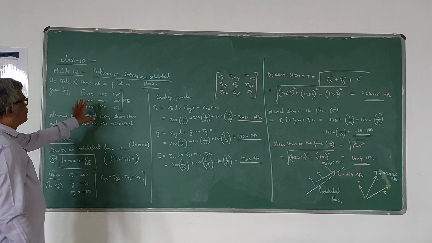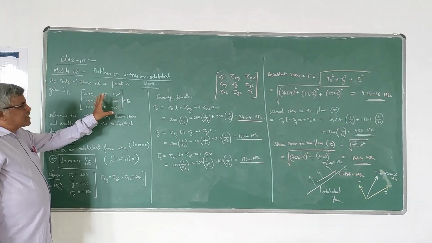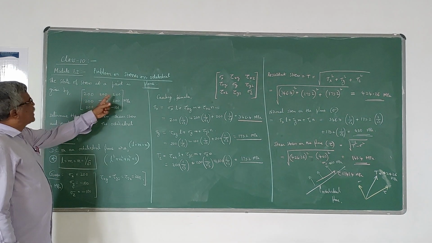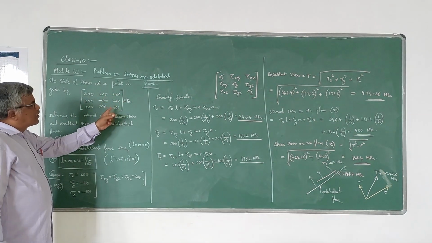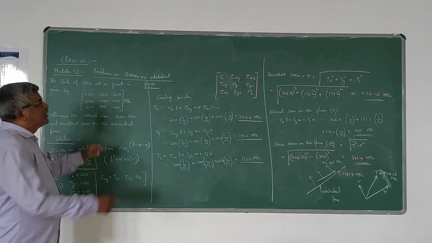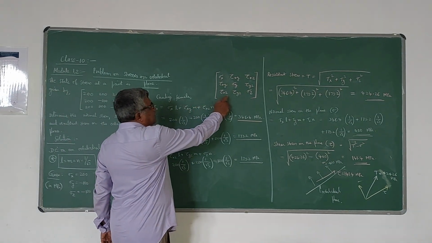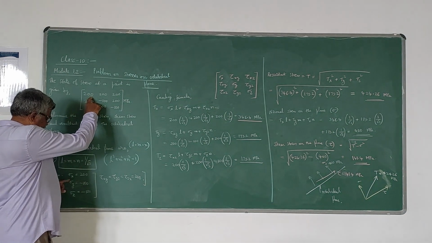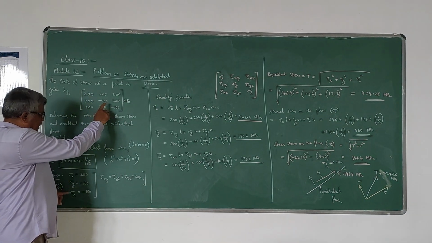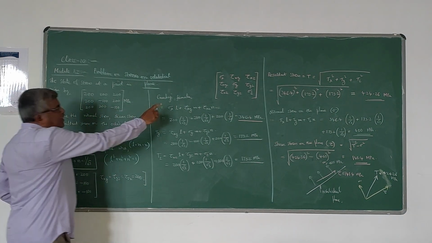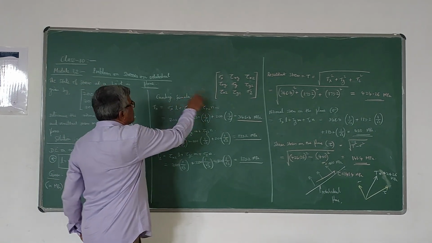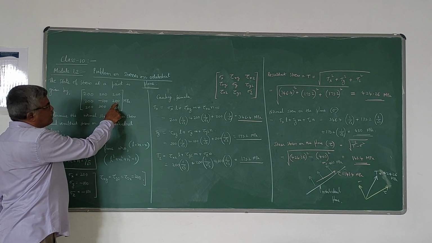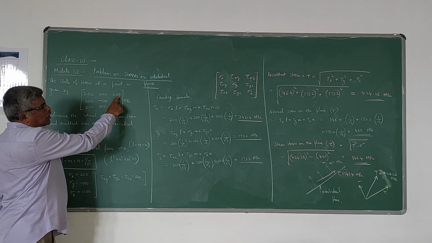Now here, he has given the stress tensor at a point on the octahedral plane. By comparing this stress tensor with the standard notation, we can write down the values. Sigma x is 200 MPa, sigma y is minus 100 MPa, sigma z is minus 100 MPa. We just have to compare these two. Tau xy is 200 MPa, tau yz is also 200 MPa, tau zx is also 200 MPa.